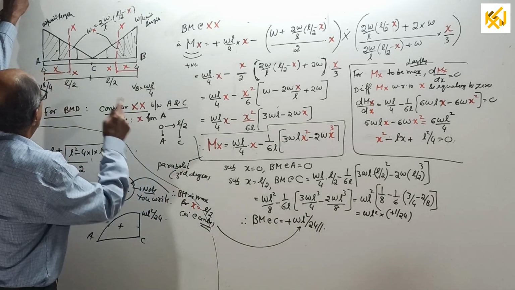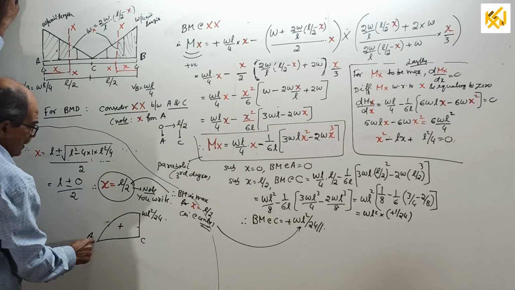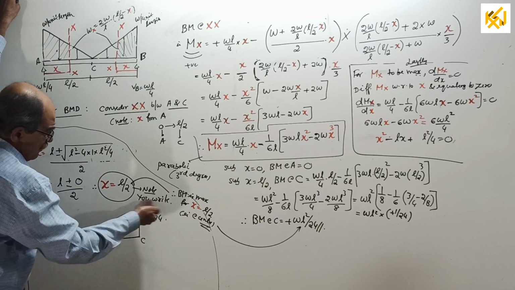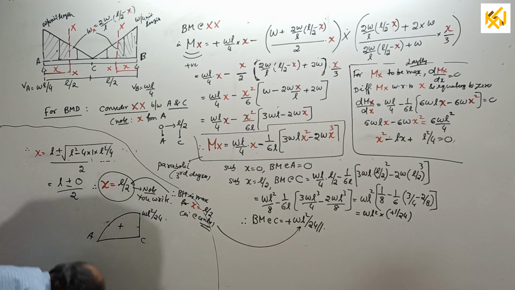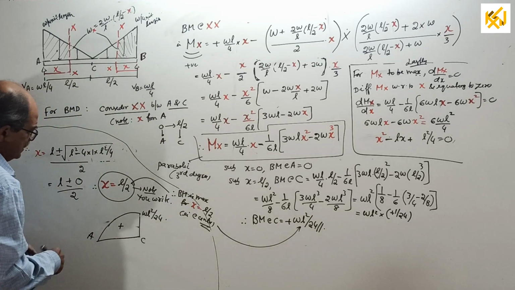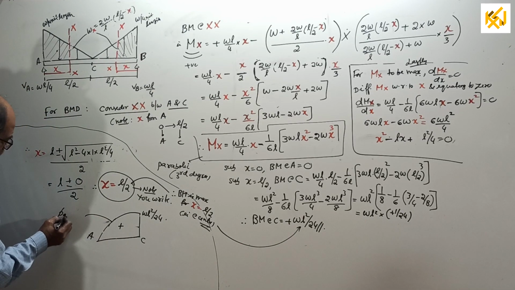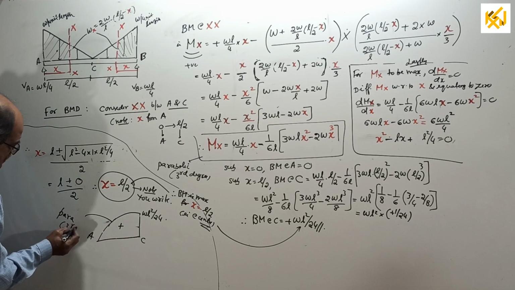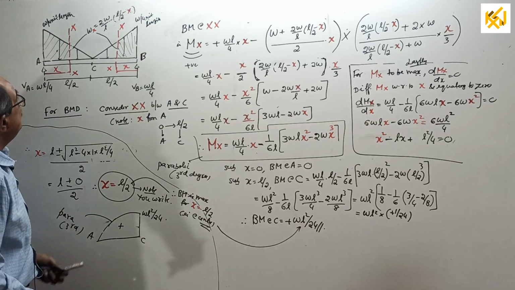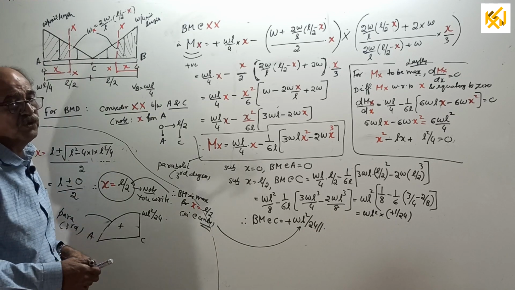And therefore, BMD for AC will be 0 here, WL square by 24, a parabola of third degree. Already told earlier, still to understand, a parabola of third degree is sufficient. This is the BMD for the AC portion.